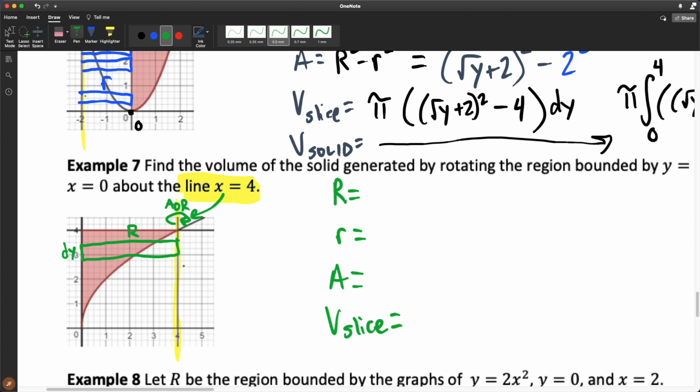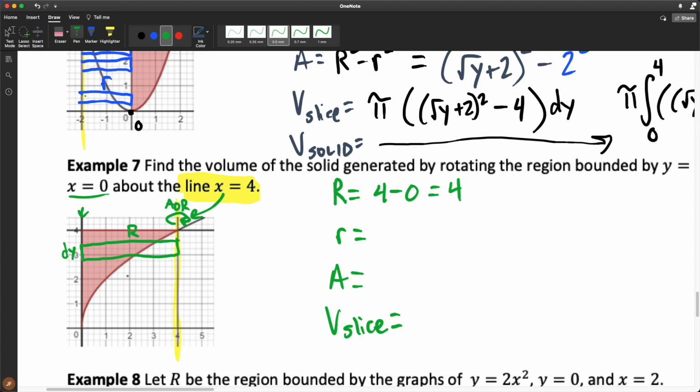Because we're squaring it, you could do left minus right. It's not a big deal. But keeping with that pattern of right minus left, our right is 4, and our left is 0. Right? So this x equals 0 line here determines our left side. So our big R is just going to be 4.